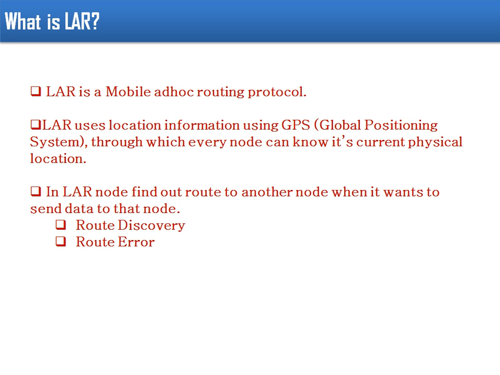And if any link is broken during transmission, the error will be reported to the sender by sending a route error packet. These phases are similar to DSR, dynamic source routing, in which whenever a node wants to send data to another node, the sender initiates a route discovery, then the destination starts a route reply, and if there is any error, a route error will be started.